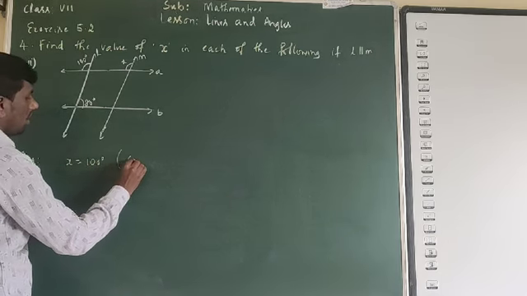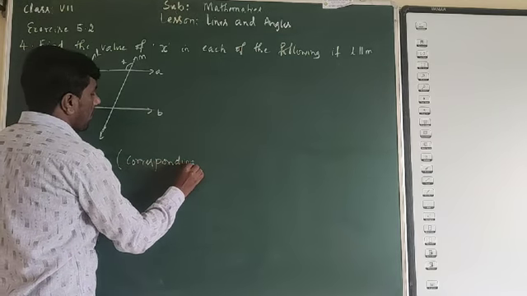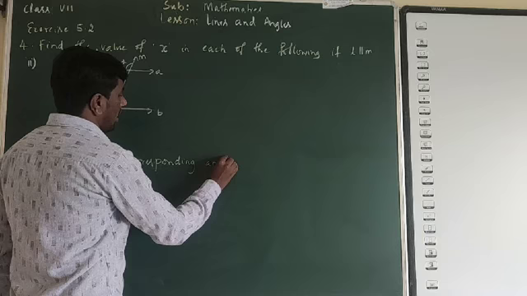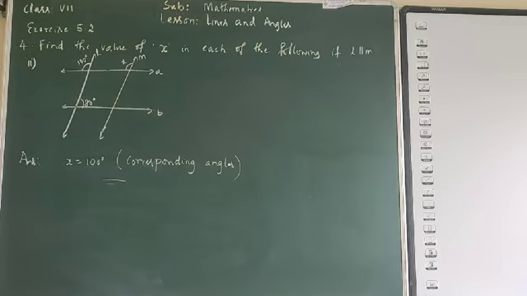The reason is corresponding angles. That's just one line answer. The question is only finding out the x. So x is equal to 100, since L and M are parallel. Okay. So now we'll go for the next one.